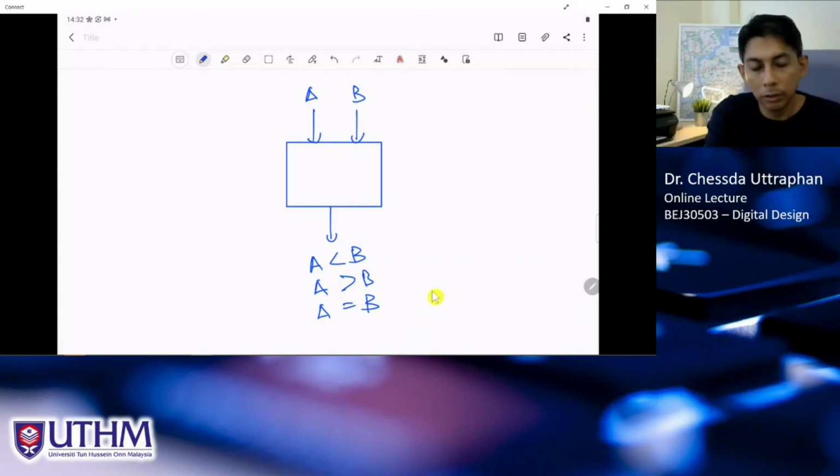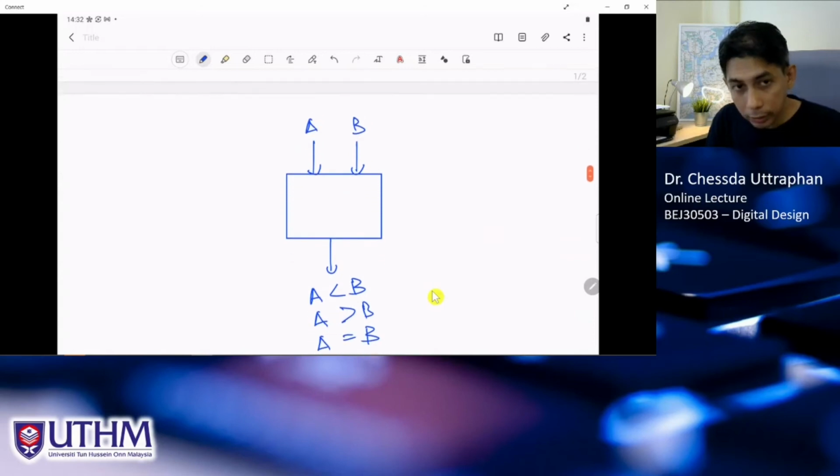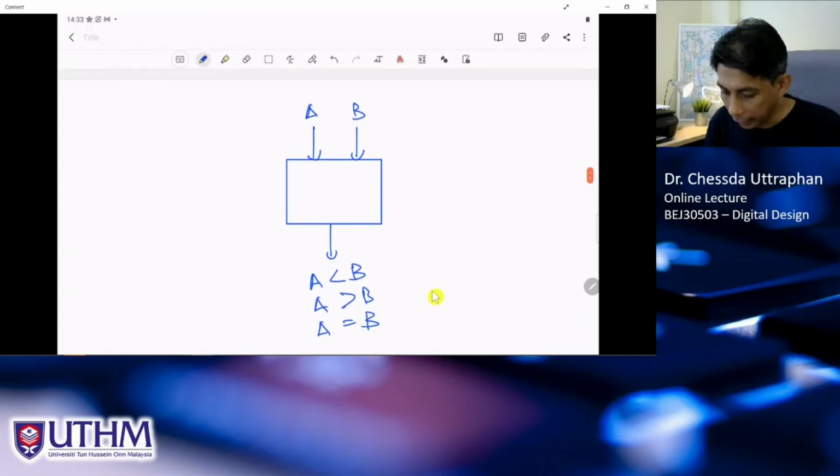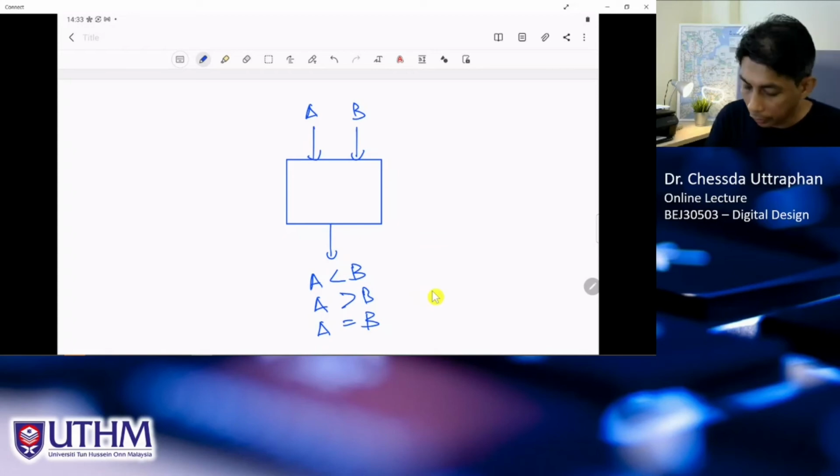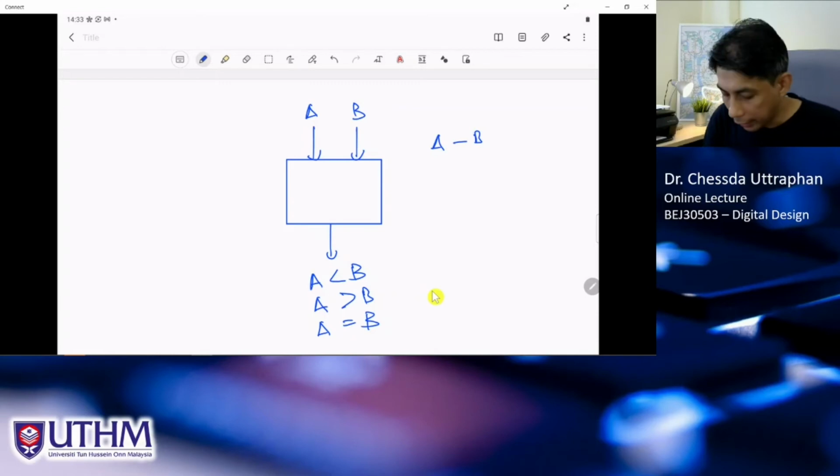So how to compare numbers? The idea is to use subtraction. For example, if we want to know whether A is equal to B or not, we take A minus B. If the result is equal to 0, what is the conclusion? The conclusion is A must be equal to B, right?